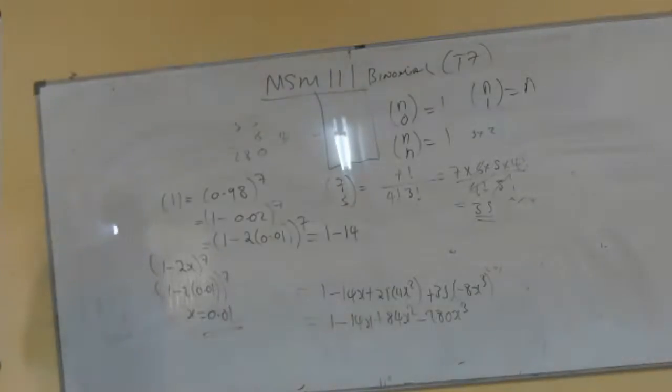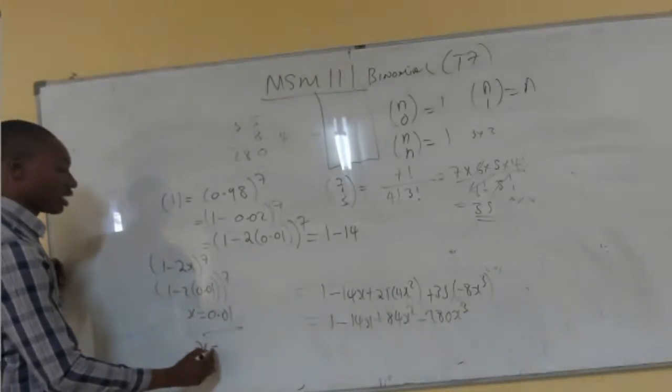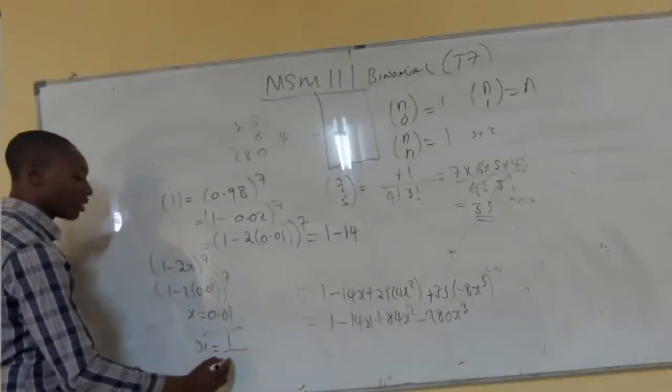But if you find it difficult to deal with decimals, you can rewrite this as a fraction. So this is actually x. How many decimal places do we have? We have 2, so 1 over 100.